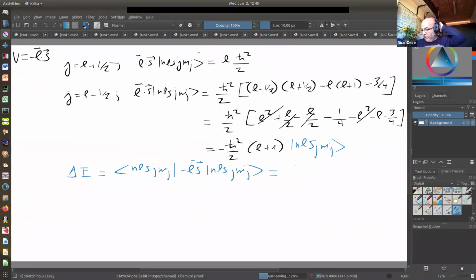And this gives us two possibilities. Let's see now for s equal to 0, which is l equal to 0.